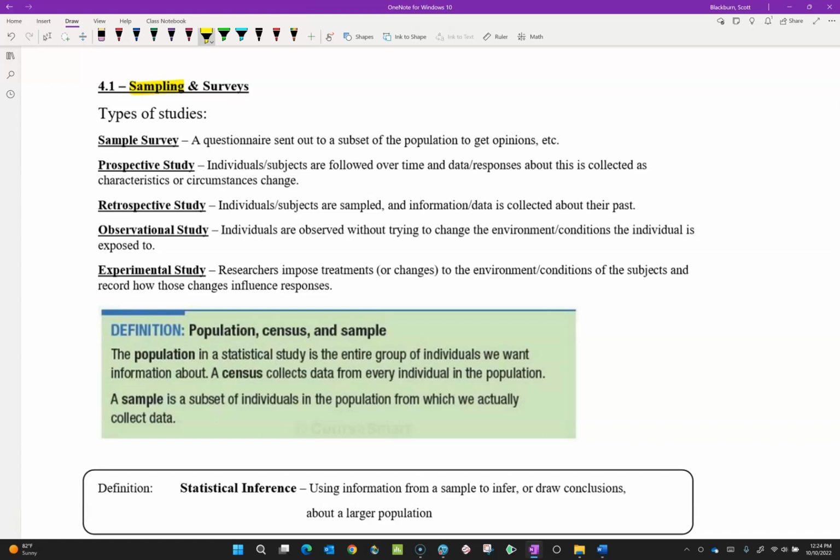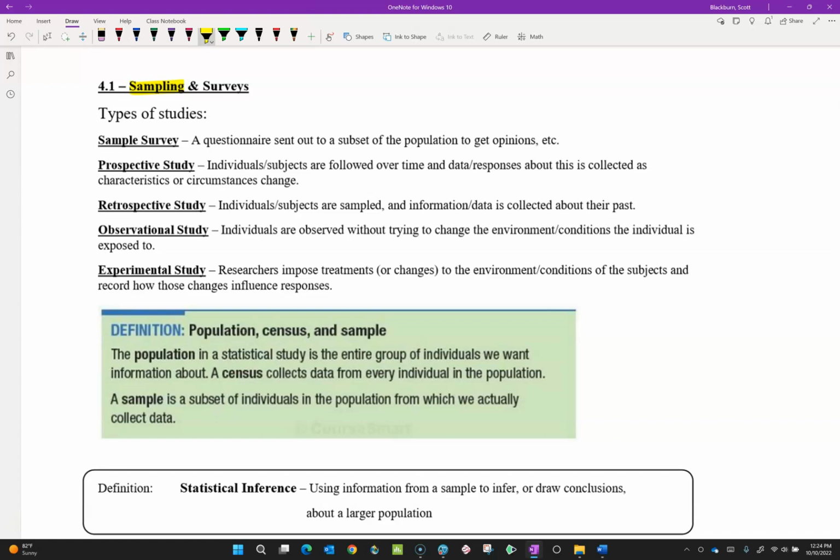Prospective study: individual subjects are followed over time, and data responses are collected as characteristics or circumstances change. So in a prospective study, you pick the subjects right away and then you look at them over time as the future elapses. A retrospective study is where individuals are sampled and data is collected about their past.